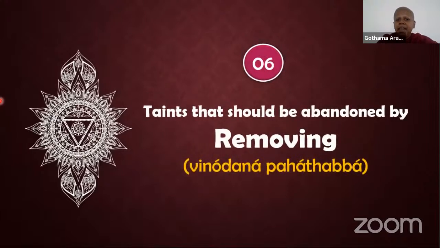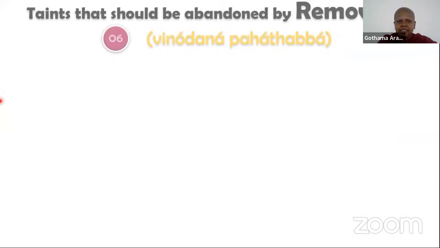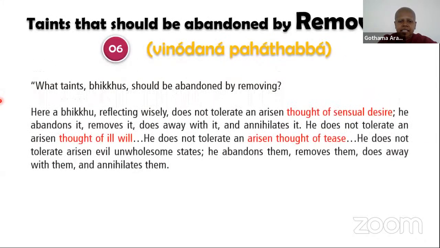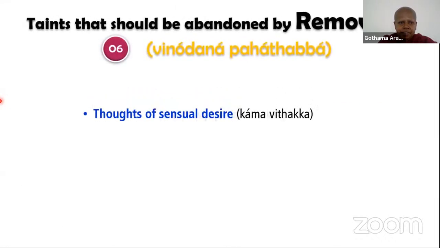Taints that should be abandoned by removing: thoughts of sensual desire, thoughts of ill will, and thoughts of tease. What are these things? Let's start. Thoughts of sensual desire: any desire, any thought that you get towards pleasing the six senses, we call sensual desire.